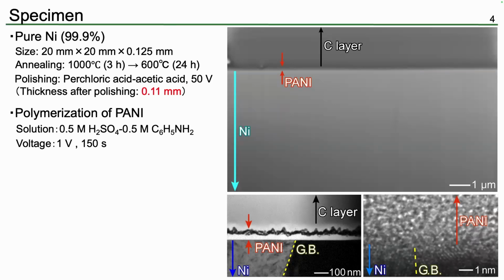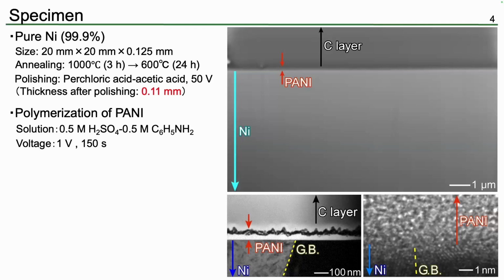This image shows the cross-sectional view of the specimen. On the nickel film, a thin and homogeneous polyaniline layer was polymerized. So if the morphology of the polyaniline layer depends on the microstructure of the pure polycrystalline nickel, the color change of the polyaniline may be caused by the morphological distribution.